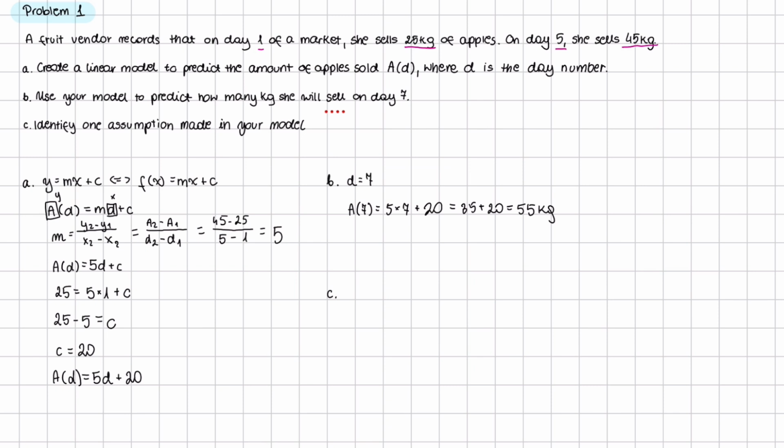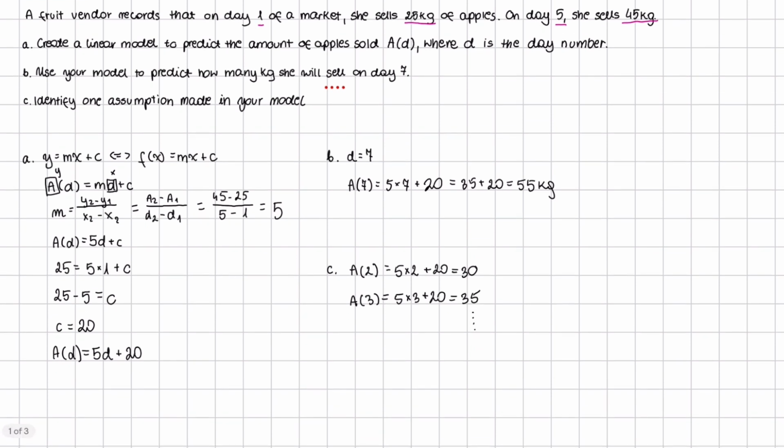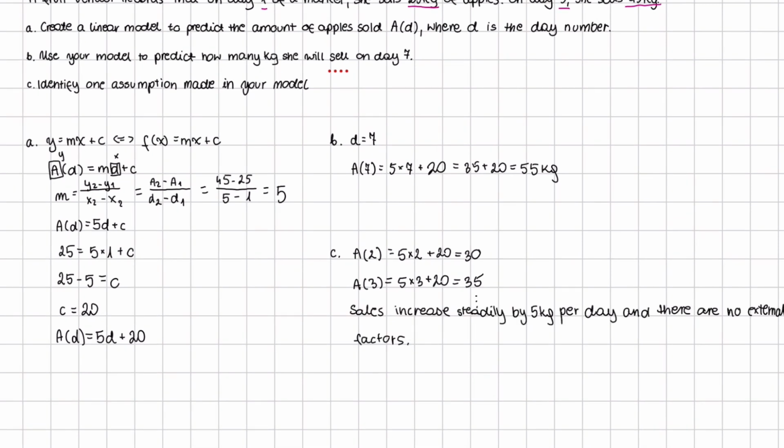On the second day, we have 5 times 2 plus 20, so 30 kilograms. On day 3 we have 5 times 3 plus 20, so 35, and so on. So we can write something like this: sales increase steadily by 5 kilograms per day, and there are no external factors.